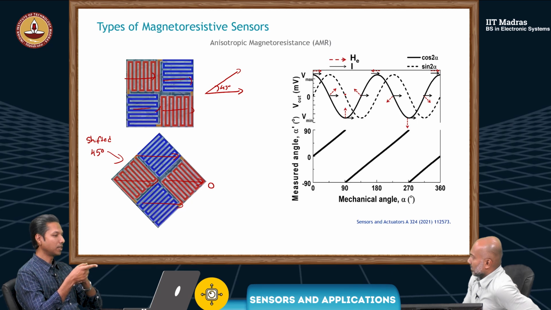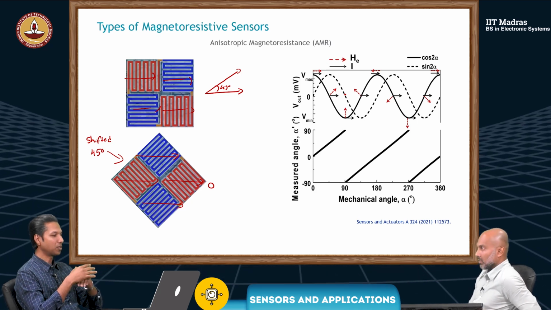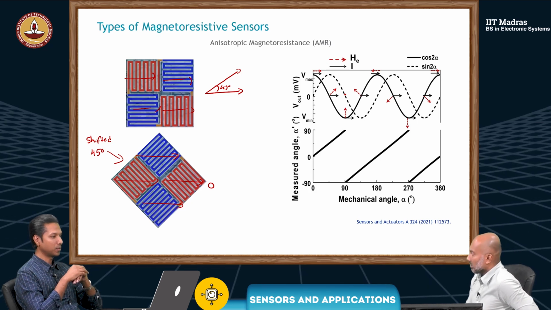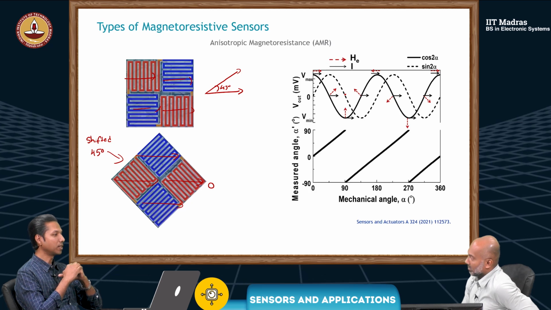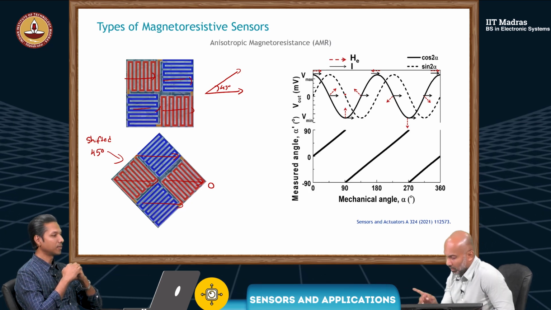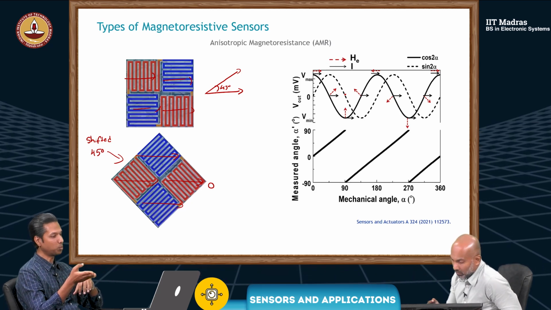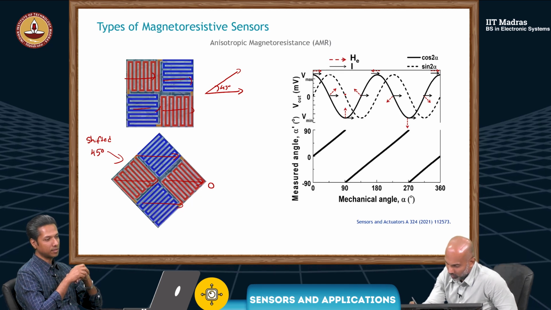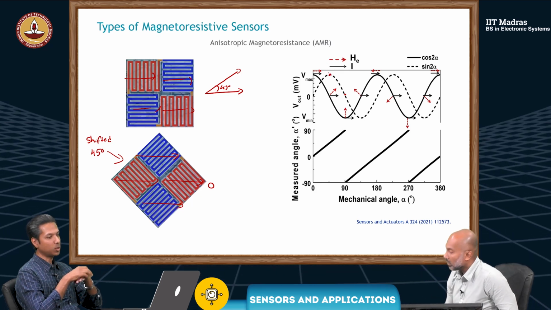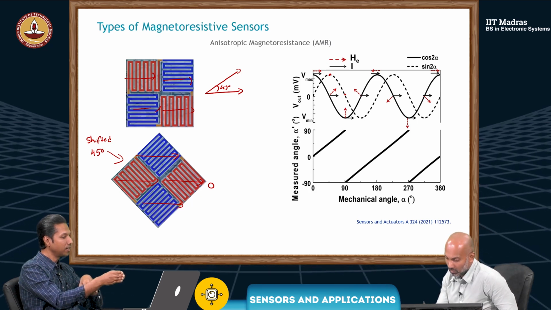So I can see if the 45 degree shifted one is positive, then I know it is between 0 to 180 degree. If the shifted one is giving a positive output, that means sine wave. Sine wave is giving a positive output here, for example.